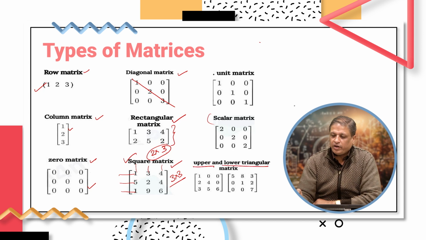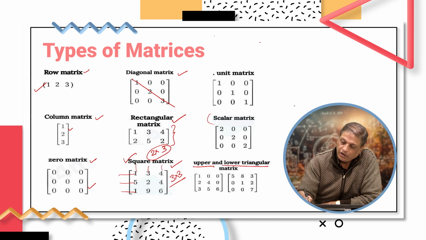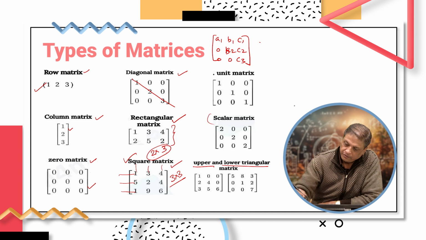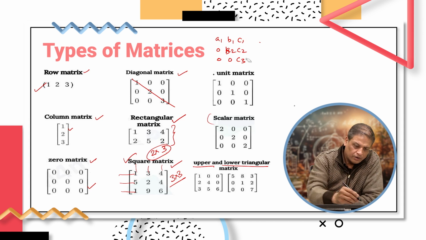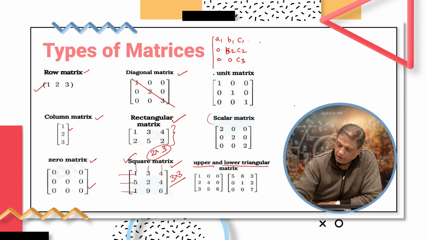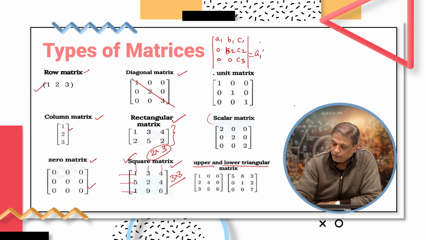And when we were discussing determinants, we learned that when the values are say A1, B1, C1, 0, A2, B2, C2, 0, 0, C3, the value of the determinant will be the product of the diagonal elements A1, B2, C3.